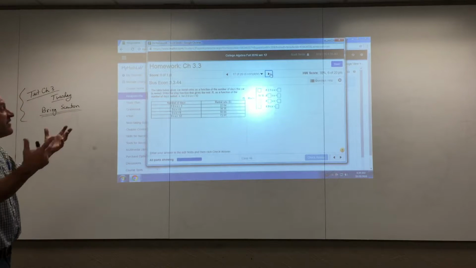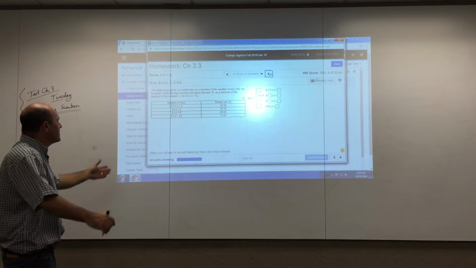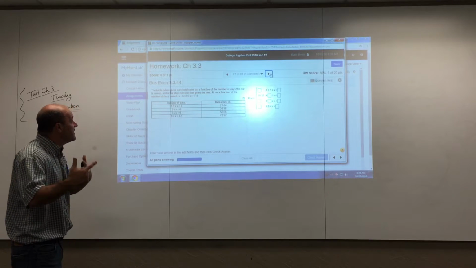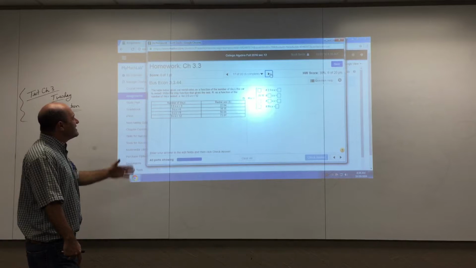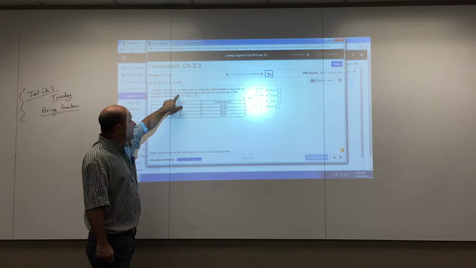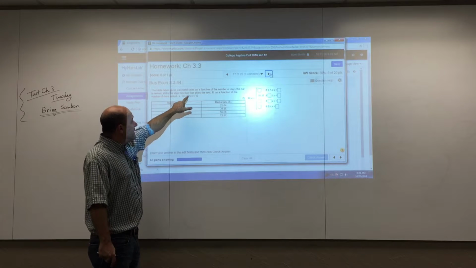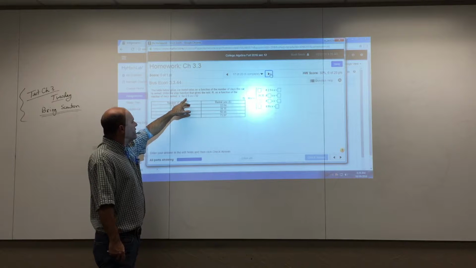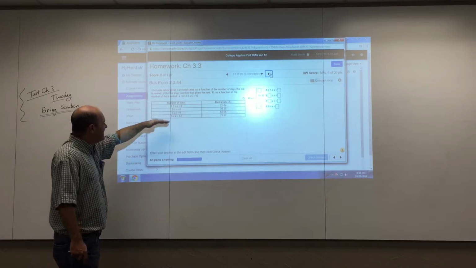But this definitely is a piecewise function. I mean, what's going on? It's rental car sales as a function of the number of days the car is rented. Write the step function. What they mean by that is it's sort of a piecewise function that gives the rent as a function of the number of days rented for x between 2.5 and 12. And so then they got this chart.